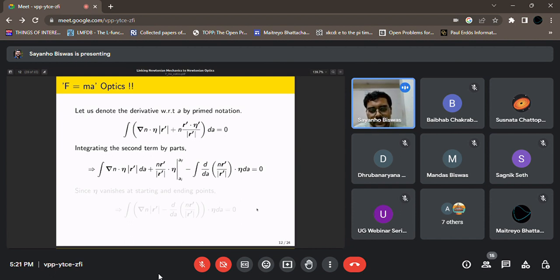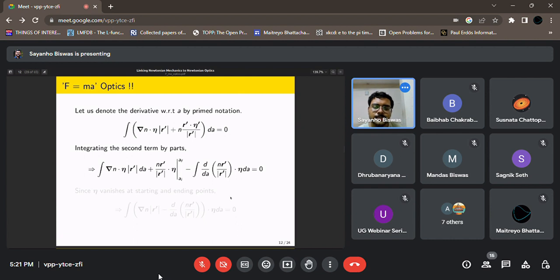The point is that this n r prime by mod r prime is a quantity which I am considering to be the first function, and eta prime is something that I am considering to be the second function. Eta prime means d eta/dA. So if you do the integration by parts, then this is what you will get.